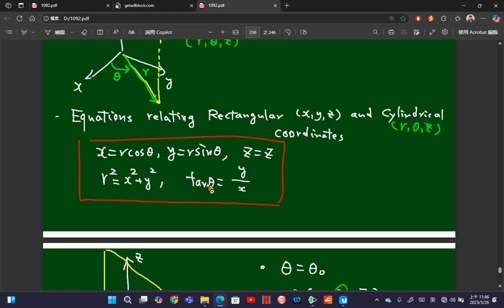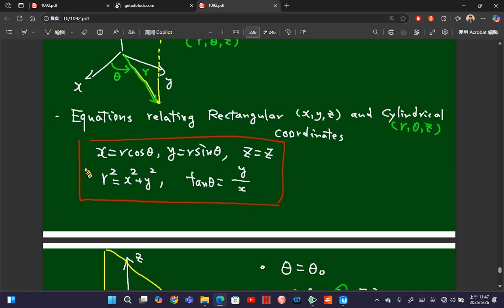If you just focus on these three equations, I believe it is not hard for you to imagine, because when we learned the polar coordinate system, we already knew how to convert a point in the Cartesian coordinate system into the polar coordinate system.